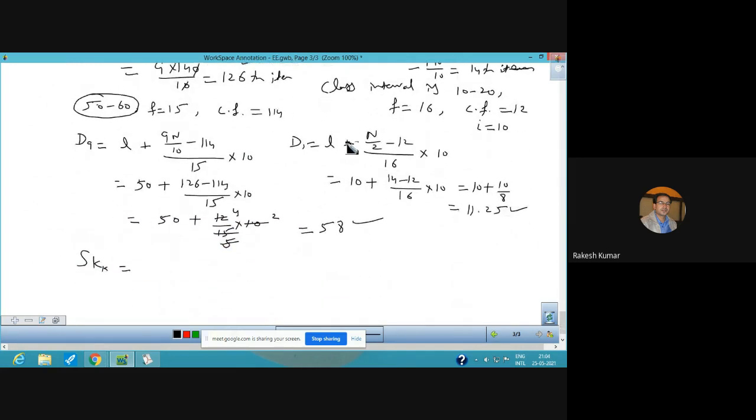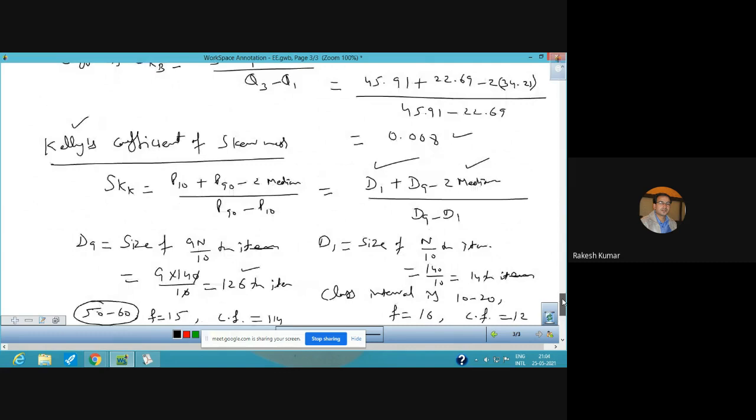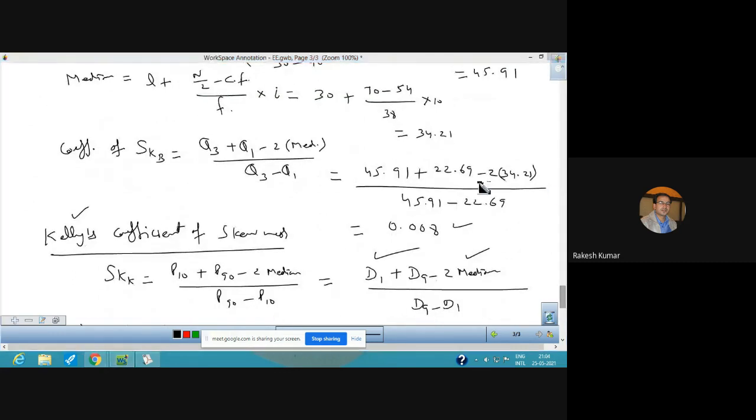Your Cayley's coefficient of skewness will be calculated using this formula: D1 plus D9 minus 2 times median, upon D9 minus D1. So put the values here: 11.25 plus 58 minus 2 times the median. The median has already been calculated, that was 34.21.